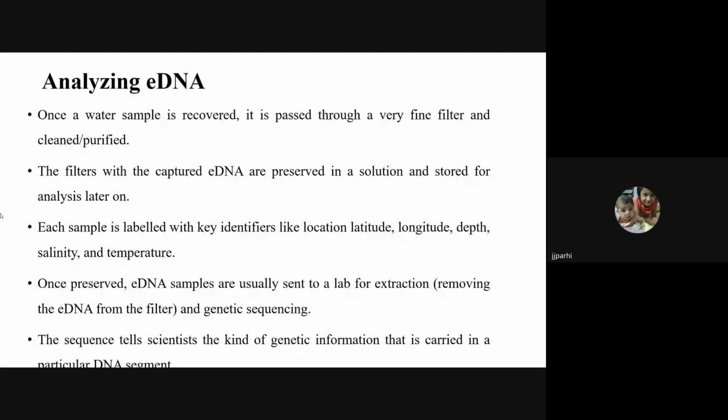Then we go for sequencing, depending on whether we are interested in barcoding or metabarcoding. If it is barcoding, we will simply do PCR and go for Sanger sequencing. But if it is metabarcoding, we will have to go for NGS. The sequence will tell us the genetic information available, and from that we will be able to find out what the species are.